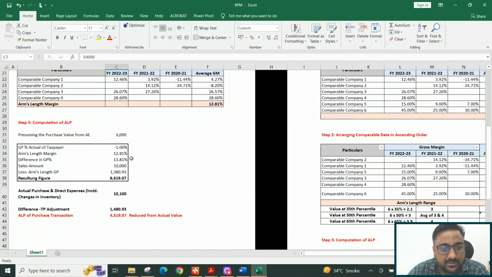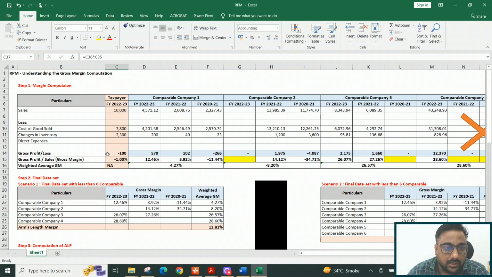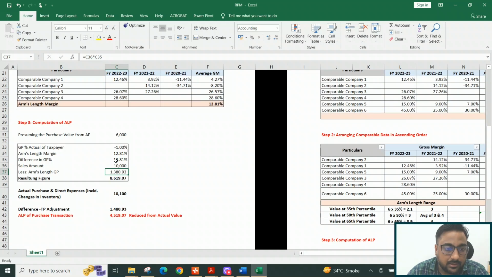So appropriately the arm's length gross margin of that company should have been 1380.93. Correct? So the arm's length margin of that company should have been 1380.93. So now what I will do here is that I have to reduce this gross profit, right?